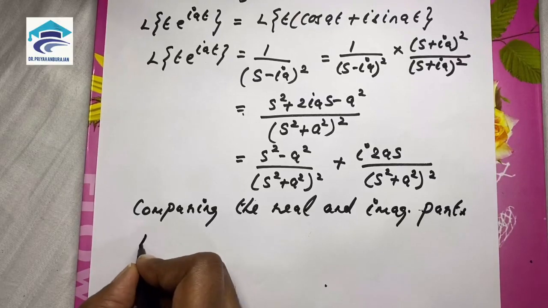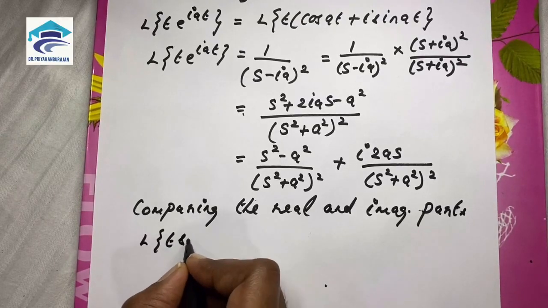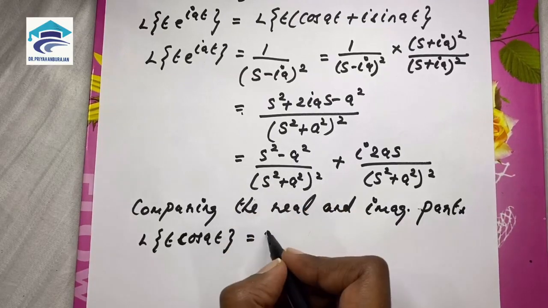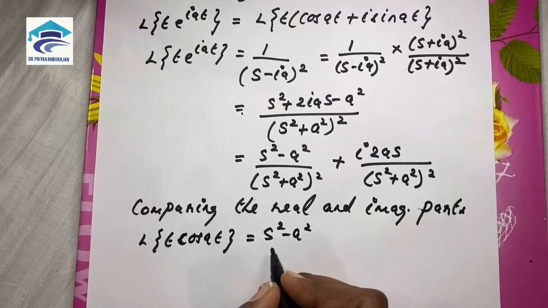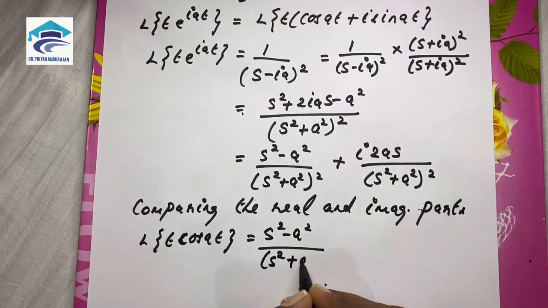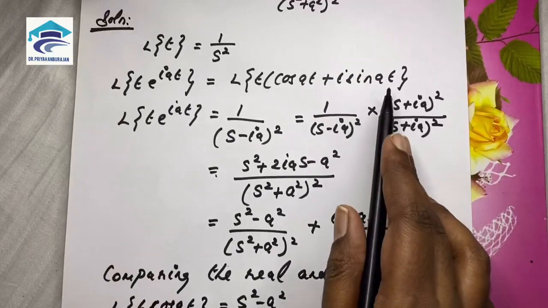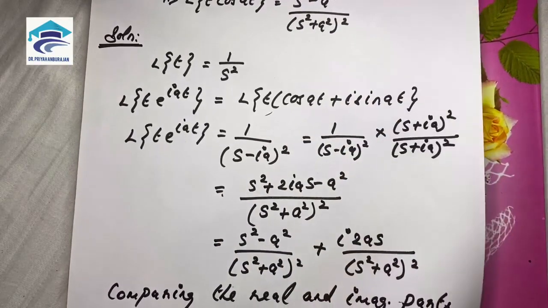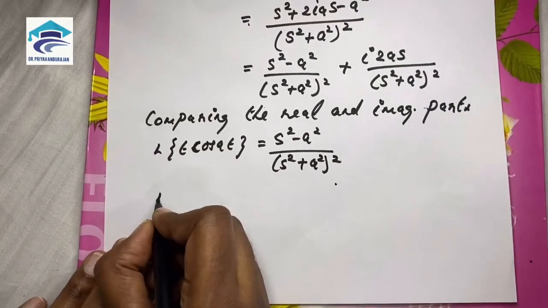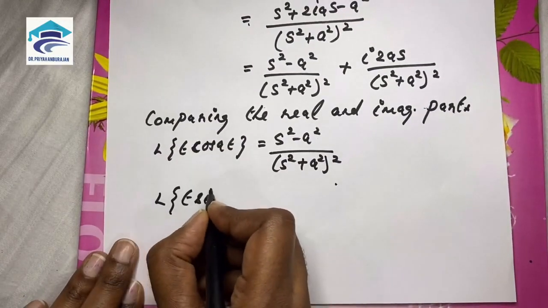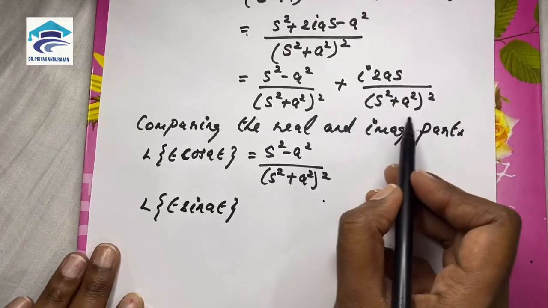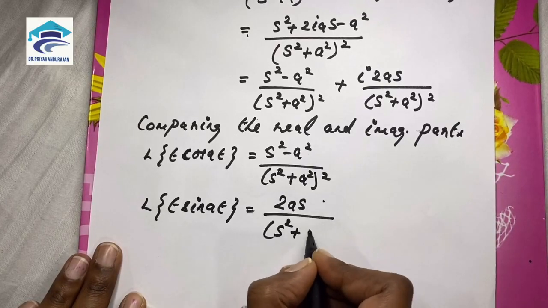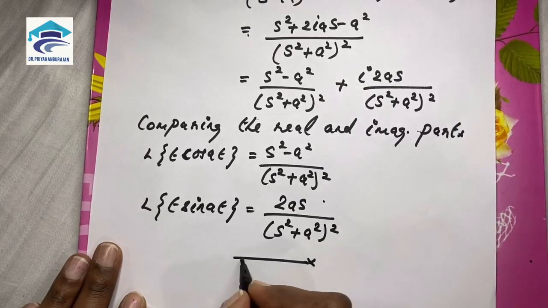So therefore L of t into cos at, the real part, is equal to (s squared minus a squared) by (s squared plus a squared) the whole square, and the imaginary part is t into sin at. So I can write that L of t into sin at, the imaginary part, is 2as by (s squared plus a squared) the whole square. So hence the proof.